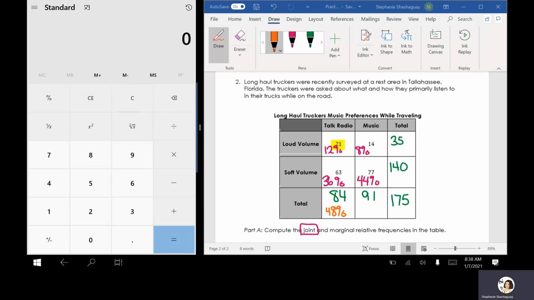Then we have the number of truckers that listen to music, which is 91. So 91 truckers listen to music. We divide that by 175, we get 0.52, multiply by 100, and we get 52%.